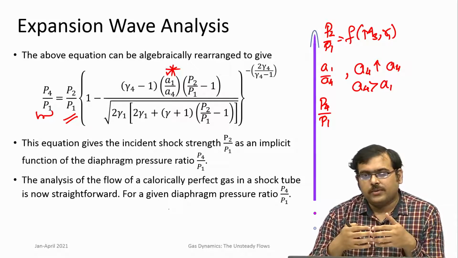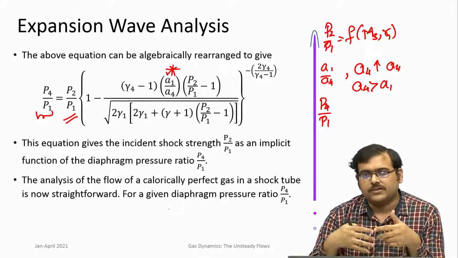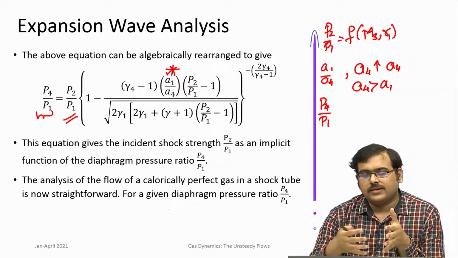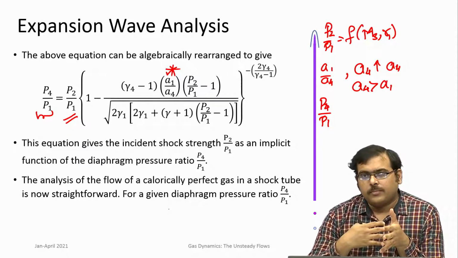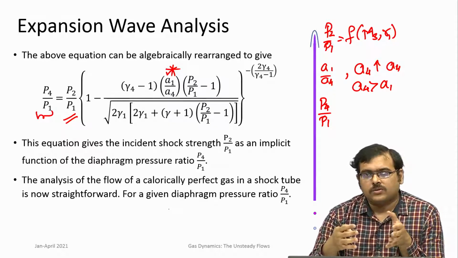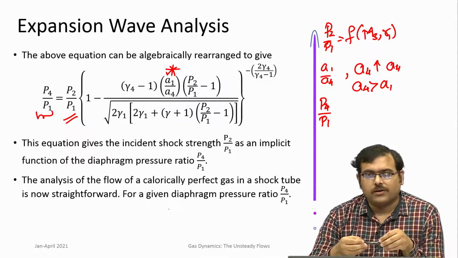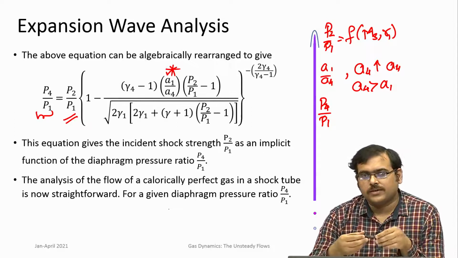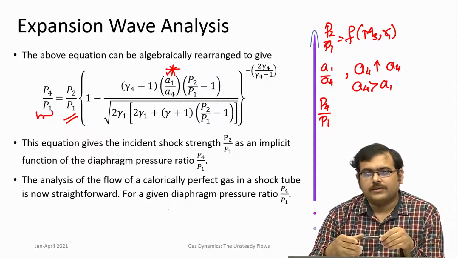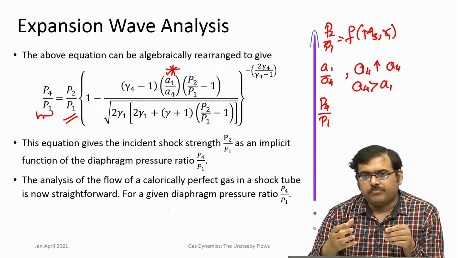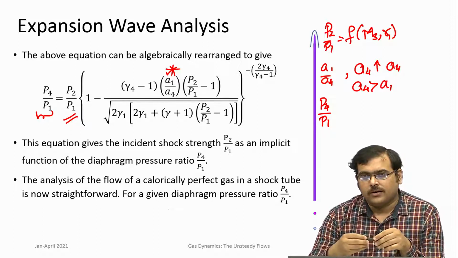The heating can be done a priori or it can be done in situ, that is, as the experiment is being done. Some kinds of heating are by adiabatically compressing a gas through a piston. Such shock tubes are called free piston shock tubes. Or you can even heat up the gas by combusting certain inflammable materials.